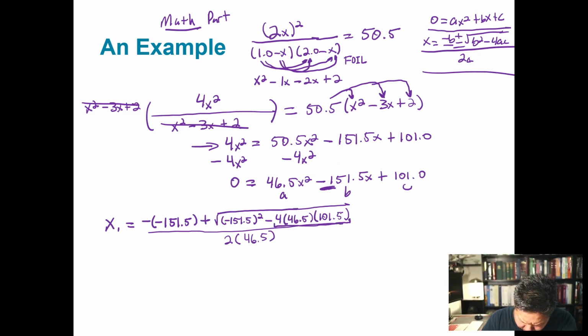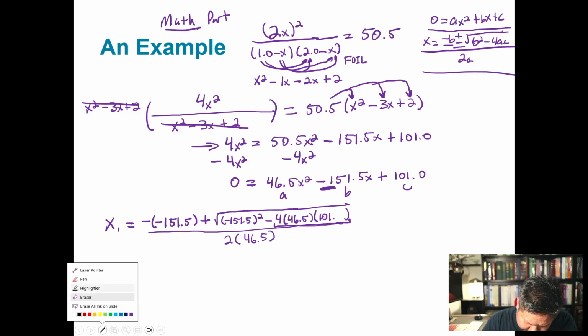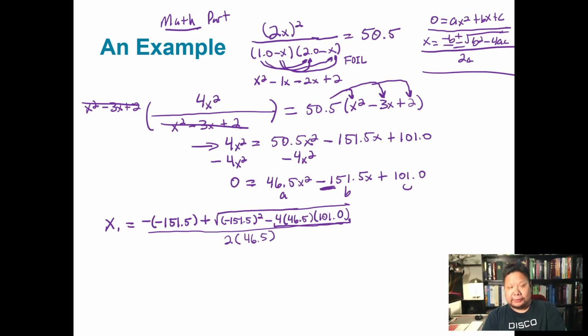Sorry, not 101.5, it's 101.0. There we go, 101.0, right? After you do that, then I would do the square of negative 151.5. And then I would subtract them from each other, and then I would take the square root. Do it step by step, one term at a time, okay?